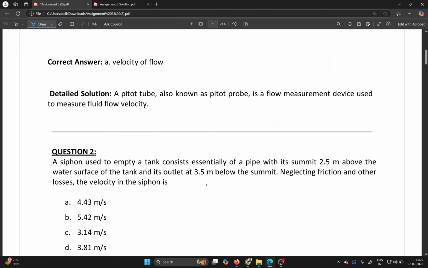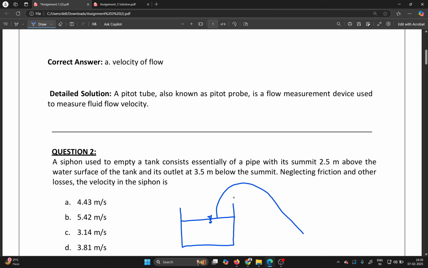The question is: a siphon used to empty a tank consists essentially of a pipe with its summit 2.5 meter above the water surface. Let us suppose a tank is here, and in the tank this is the water surface. One siphon is connected like that, and its outlet is 3.5 meter below the summit.